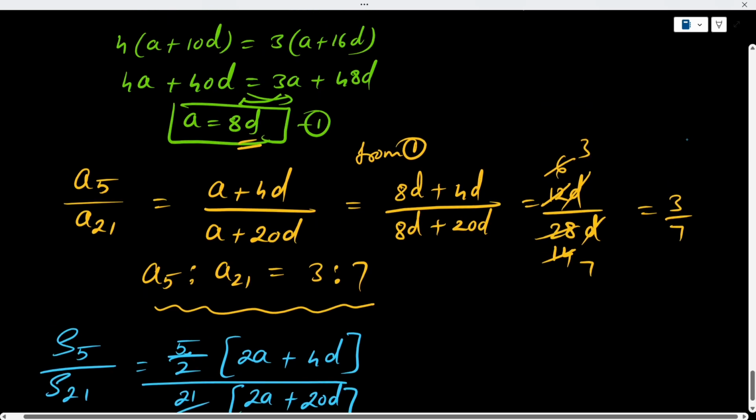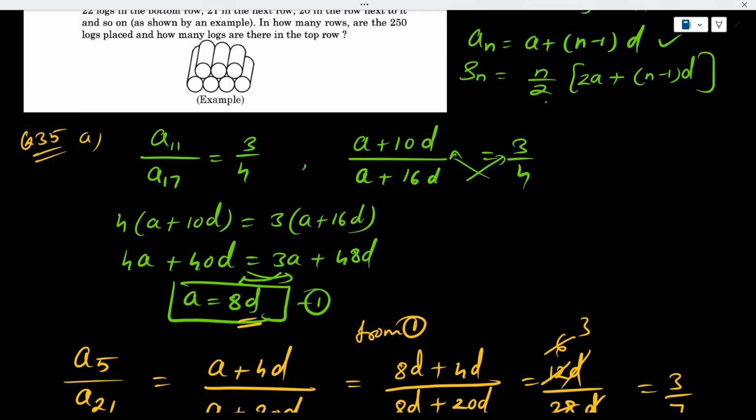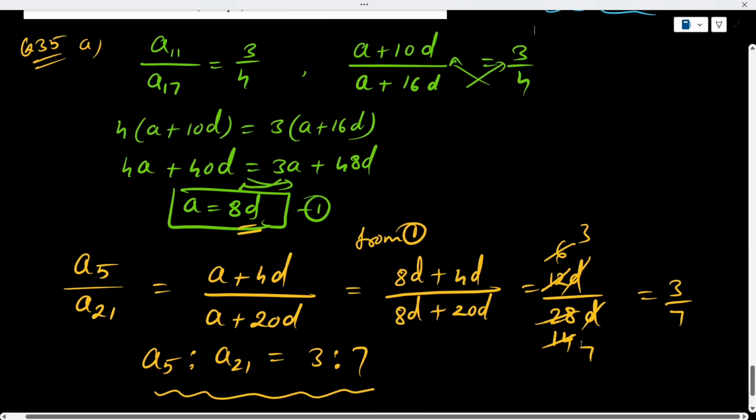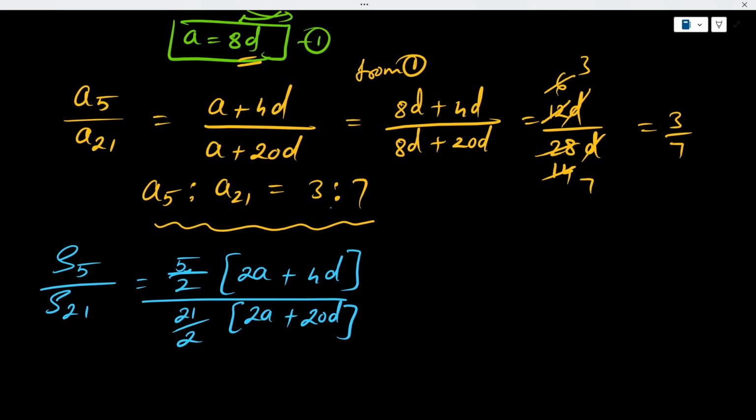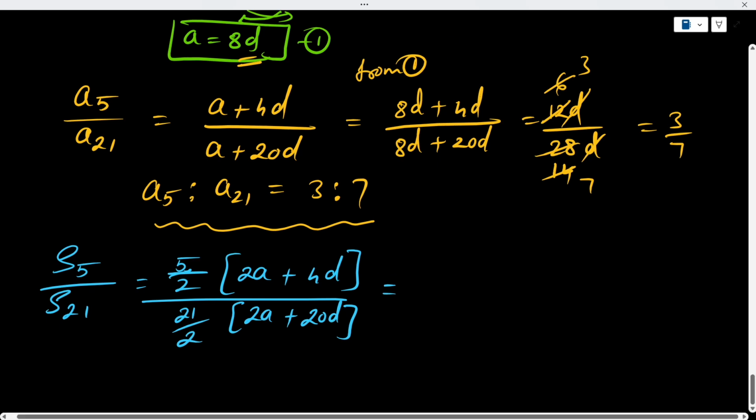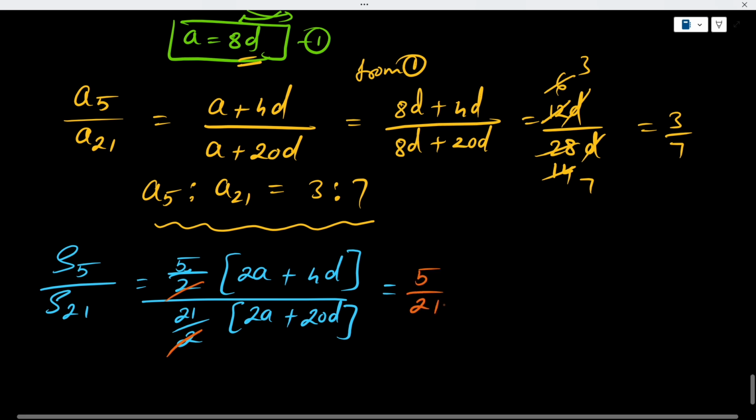I'm using here the Sn formula, right? Now how to use this? Because I have A5 by A21 and A equals 8d also. What can I do here? If you see this, first thing you can cancel, because both the denominators, you take the reciprocal, will get cancelled. So we are left with 5 by 21.